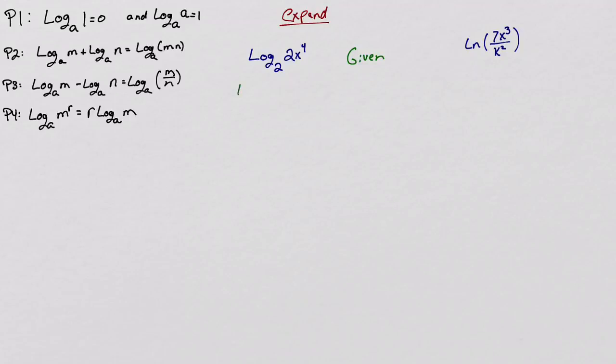So I can go log base 2. Whenever you're expanding, whatever base you have, each thing stays in that same base, unless you do change of base formula, which there's really no reason to do when you're expanding. So we're going to do log base 2 of 2 plus log base 2 of x to the fourth.